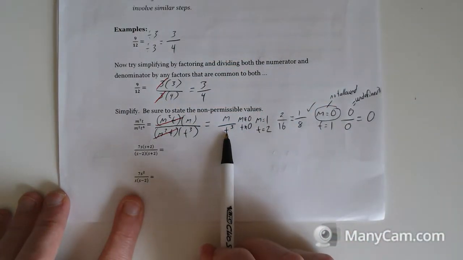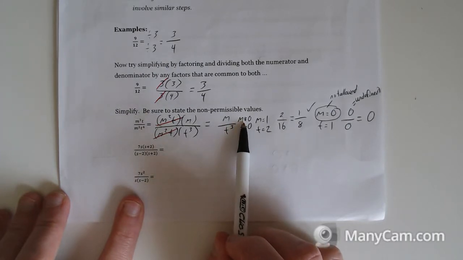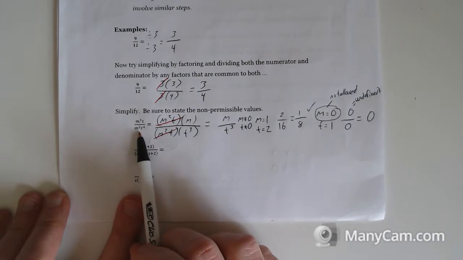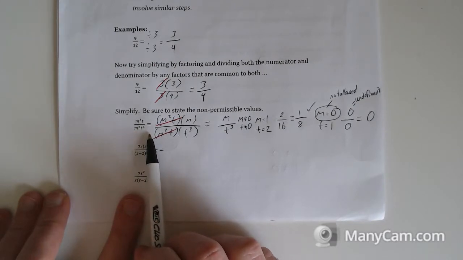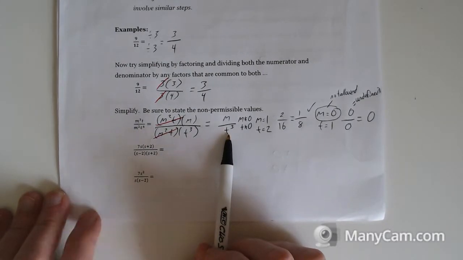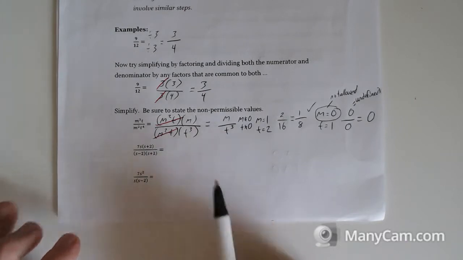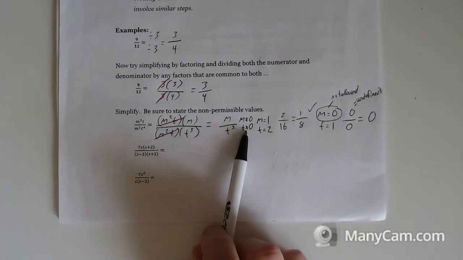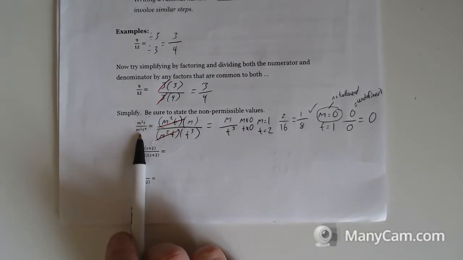And we still had the restriction t can't equal 0 in the new one, but we lost this one. This one disappeared. But even though we lost it, if we say it over here, then this is exactly equivalent to this expression. Otherwise it isn't. And that's a bit of a tricky thing to see right away. So that's why I say it nice and clearly. So even though you can simplify, you have to use the restrictions of the original expression.